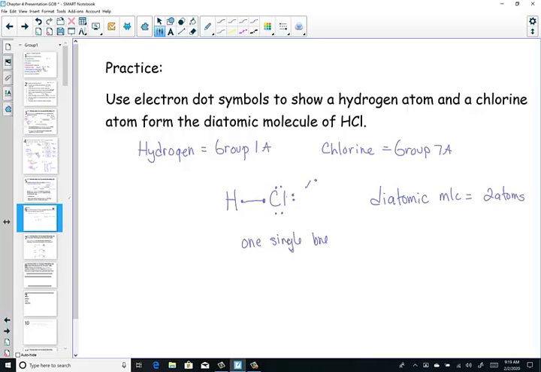And on the chlorine, we see 3 lone pairs of electrons as well. Counting, chlorine now has 8 valence electrons. Hydrogen has 2 valence electrons. Hydrogen has become like helium in its count, and chlorine has become like argon with its count, the noble gas configurations of noble gases.